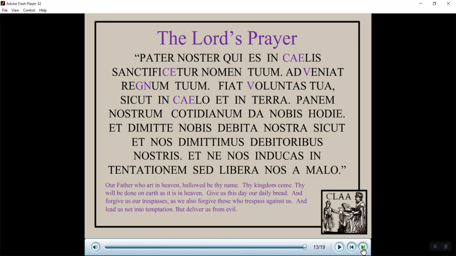Panem nostrum quotidianum da nobis hodie, et dimitte nobis debita nostra, sicut et nos dimittimus debitoribus nostris, et ne nos inducas in tentationem, sed libera nos a malo.